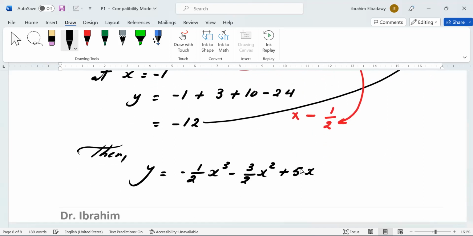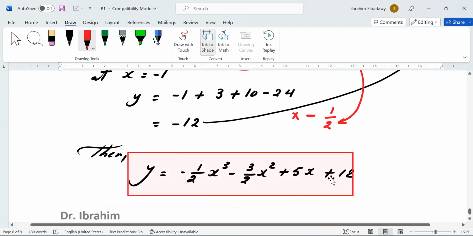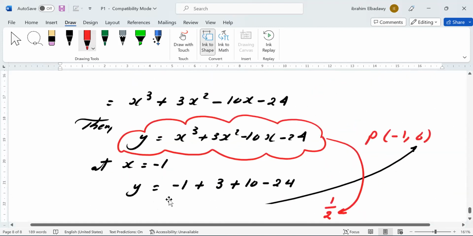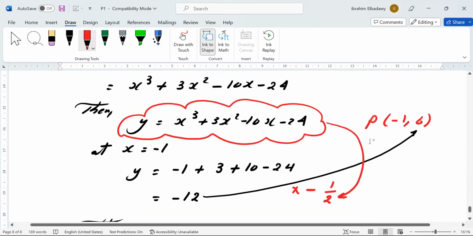What about negative 24 times the negative half? It will be plus 12. This is your final answer. If this is your answer, to check it, if you put x equal -1, you can get 6 as point P.